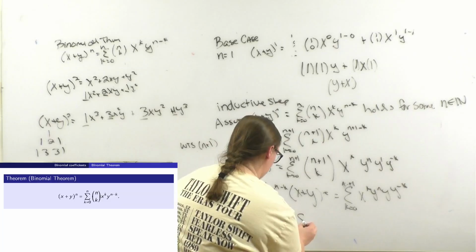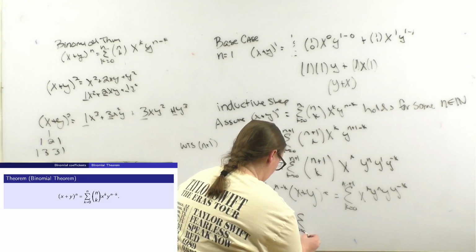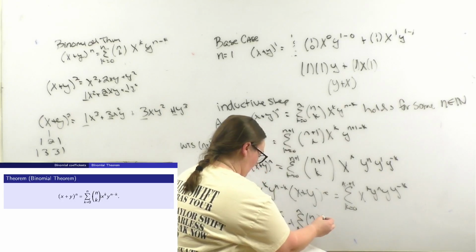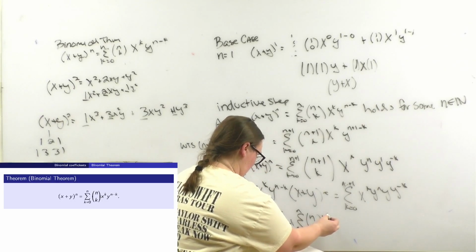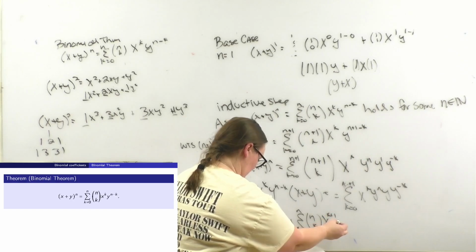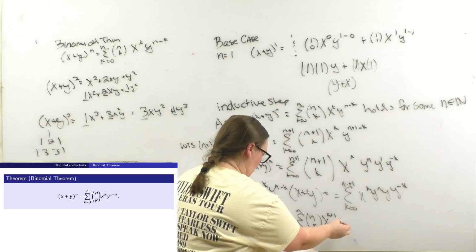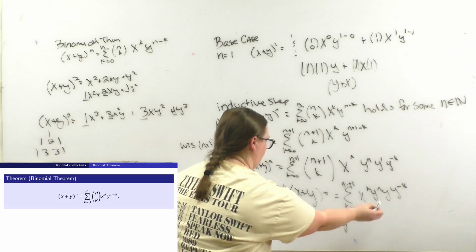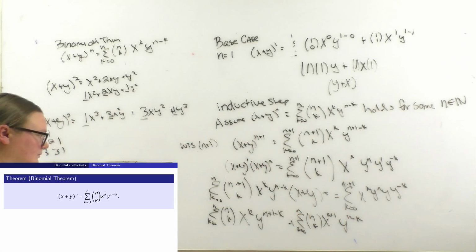Yep. Plus another sum of k equals 0 to n of n choose k, x to the k plus 1, y to the n minus k. And I believe that this worked. Just kidding. We have a long way to go.